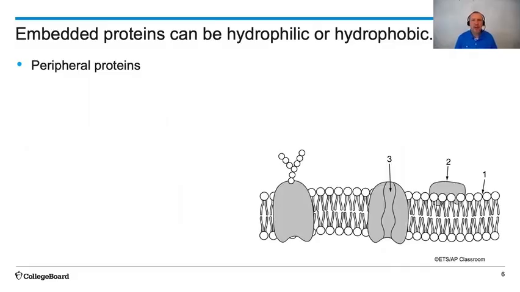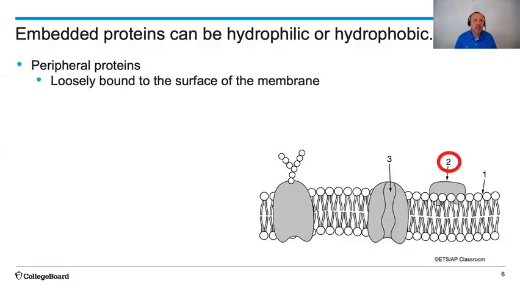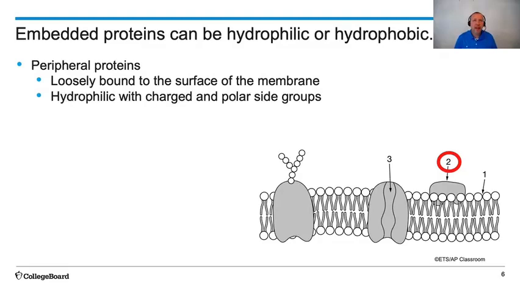In the cell membrane, there are embedded proteins. These embedded proteins can be hydrophilic or hydrophobic, and there's two types. The first type is peripheral proteins. These peripheral proteins are loosely bound to the surface of the membrane, and they're hydrophilic with charged and polar side groups that allow them to interact with the hydrophilic region of the phospholipid bilayer. The other type of protein is the integral protein.